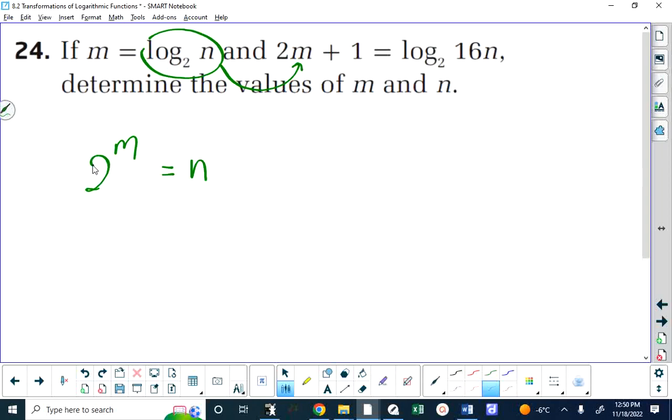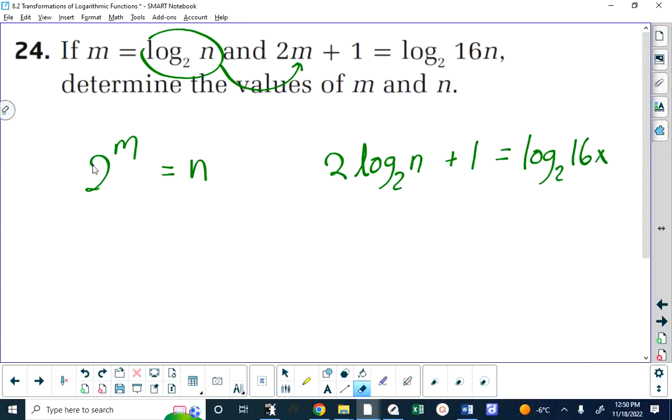If I did that, I would get 2 times log base 2 of n plus 1 equals log base 2 of 16n. And I hope that everybody in the room understands this, at this point in time, is a dead end. It's what I would do later on with you if you knew some other rules.